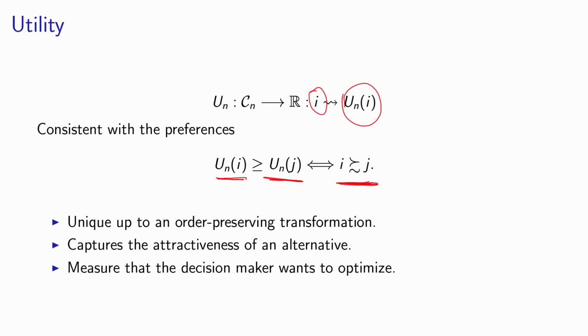The idea is that this utility captures the attractiveness of an alternative, and it's a measure that the decision maker wants to optimize. So this leads to the assumption that each decision maker is actually a maximizer. It's a person who solves an optimization problem, which is identifying the alternative associated with the maximum utility.